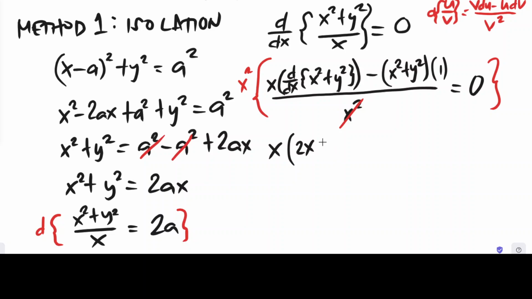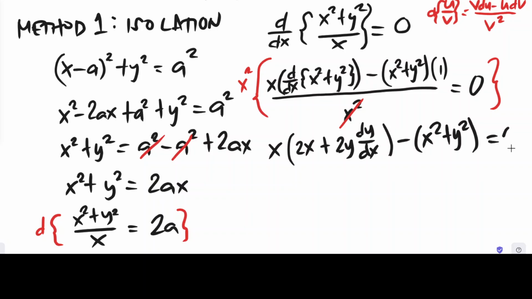Derivative of y squared in terms of x, that will be 2y times dy over dx, minus x squared plus y squared, is equal to 0.